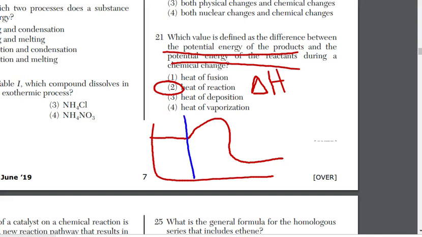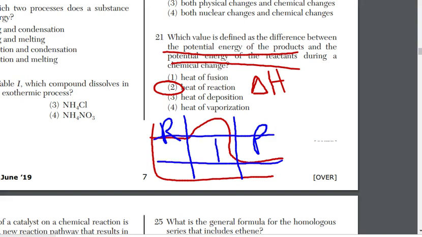So you have your reactants, you have your products, and then in the middle, you have what's going on as far as activation energy, the energy required to get the reaction started. Your delta H shows up as the difference between the potential energy of the products and the reactants, right? So you have to basically take the difference, and that is heat of reaction.